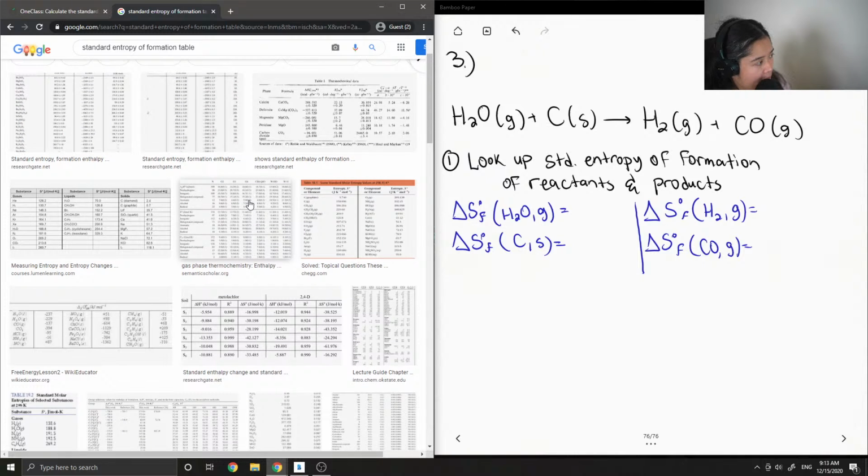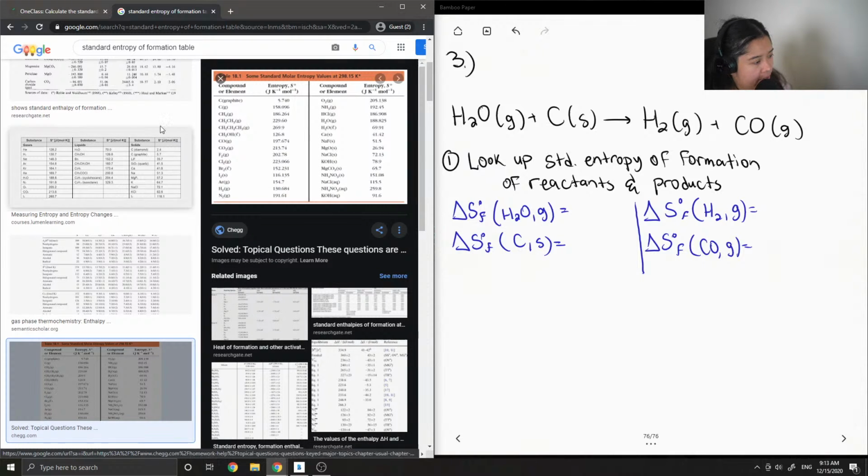Yeah, so depending on which table you use, they might have slightly different values. Okay, so let's just use this one.